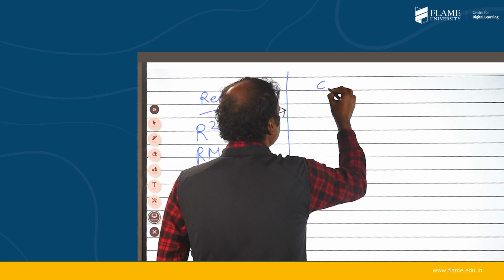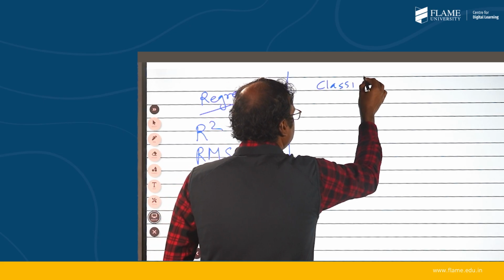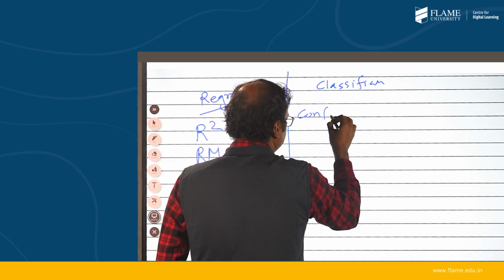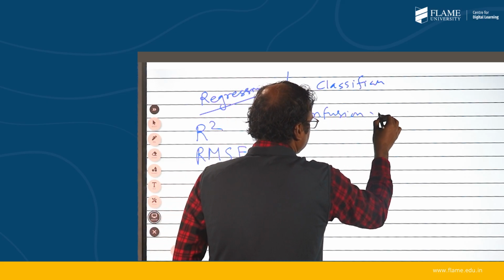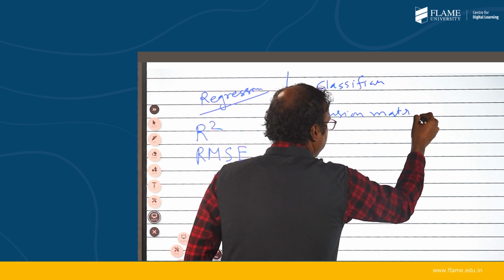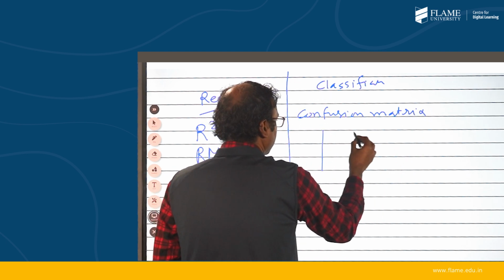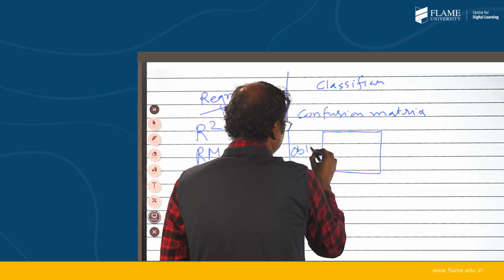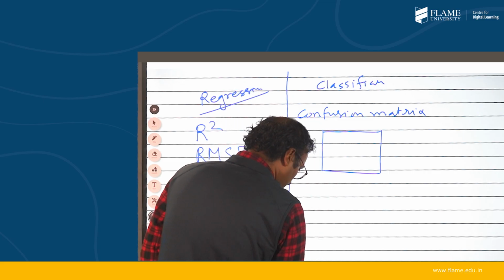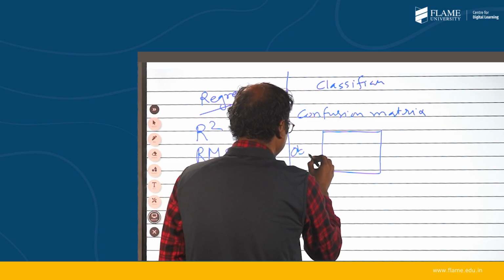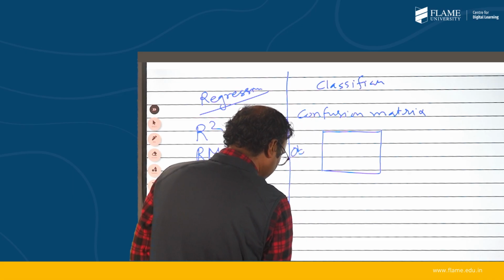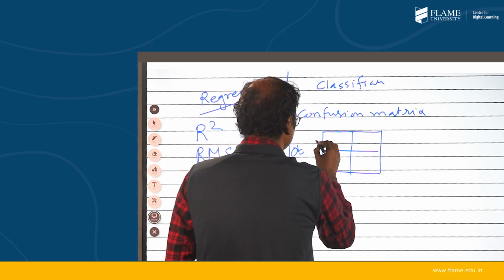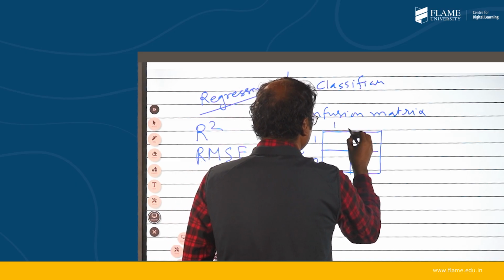And in case of classification, you have to go for a confusion matrix, which is nothing but, let's say you have observed positive cases and negative cases. In a classification problem, we divided into two cases, that is 1 and 0. This is again 1 and 0.